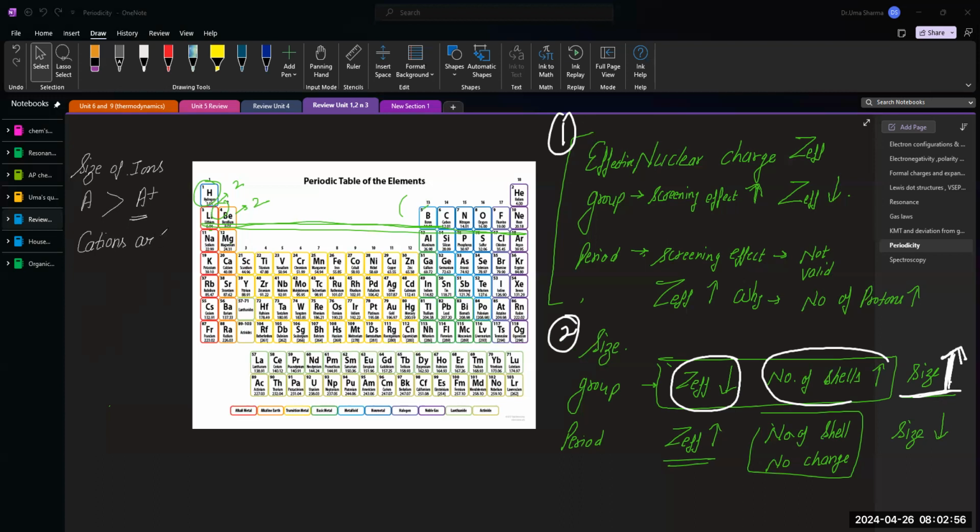Cations are always smaller than neutral atoms. So please memorize it. Why? Because Z effective is more, effective nuclear charge is more. So the reason is Z effective is high for cations.